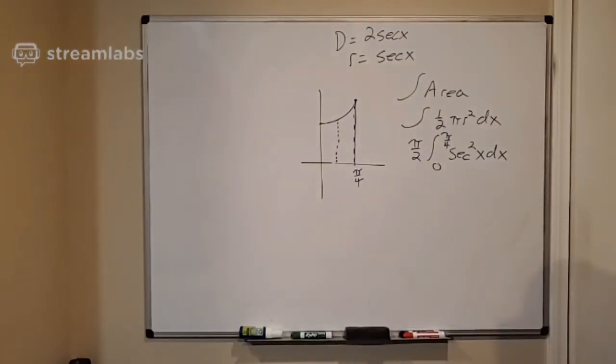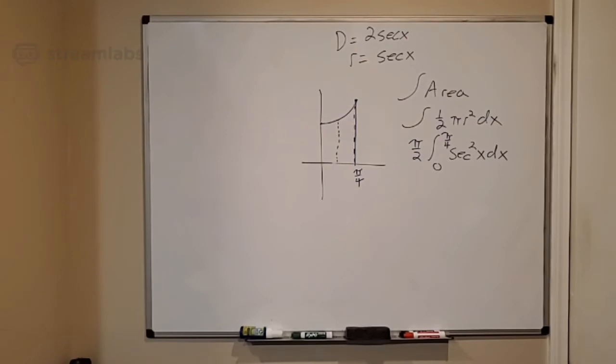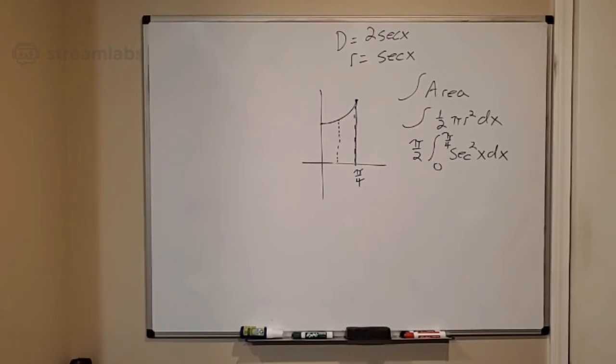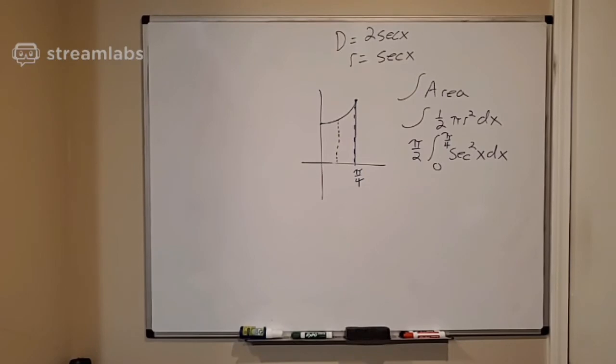This is a non-calculator question, so we would have to do it by hand. So the question is, what is the antiderivative of secant squared x? Is that cotangent? Wait, no. Isn't it just tangent? Yeah, that would be tangent. That is tangent, yes.